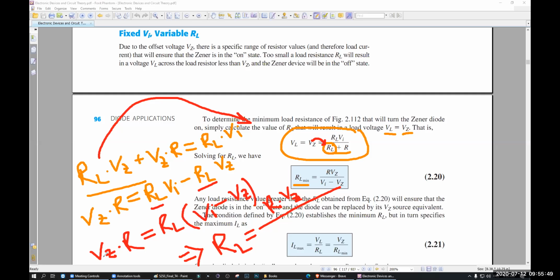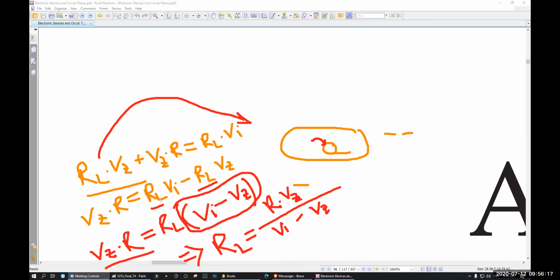Now we have VZ into R. From there, take this part and put it under this thing. So we have only RL on one side. Then on the other side we'll have R into VZ divided by VI minus VZ. Understood?